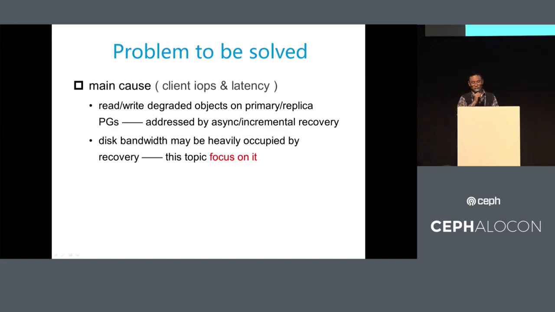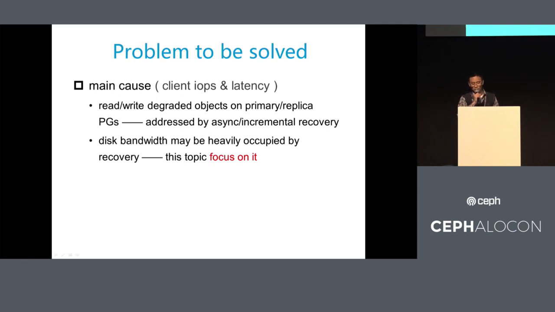Actually, there are two main causes of client performance reduction. First, reading a degraded object on the primary PG will cause the primary to pull the correct object from the replica to recover it. Similarly, writing a degraded object to the replica PG also requires pushing the correct one to the replica first.